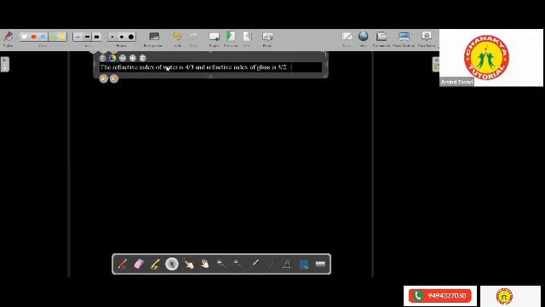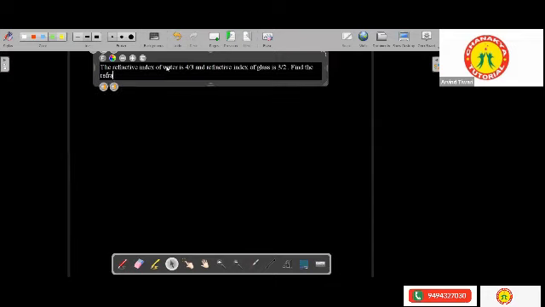You have to find the refractive index of glass with respect to water. So this is what you have to do. Find the refractive index of glass with respect to water.